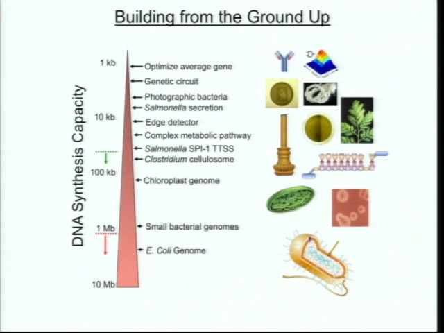We started getting better in putting those circuits together. And I think we've reached a rich point here where there are a lot of interesting functions in bacteria where you can now use synthesis and sort of these new concepts of design in order to go in and rebuild those functions.